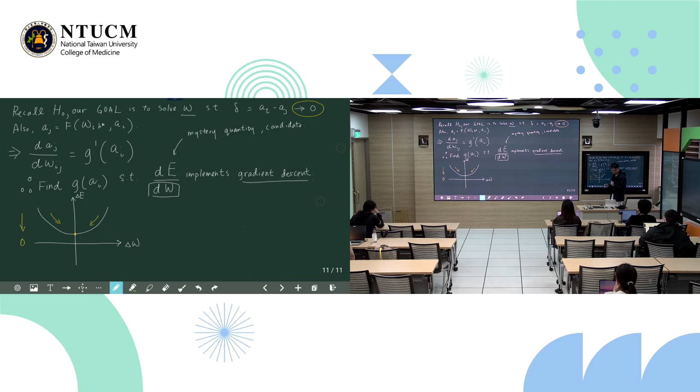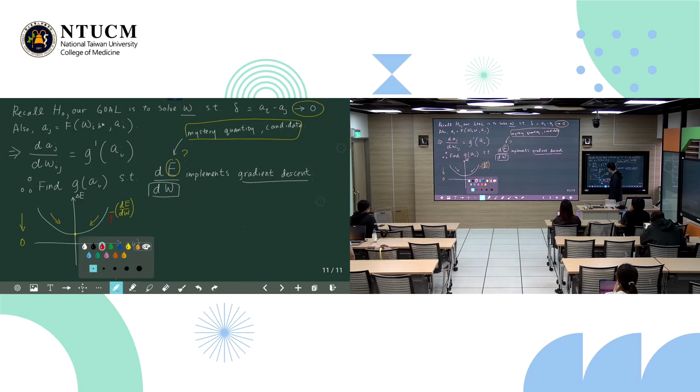And what does this function look like? It's not yet the function, but what this means is that we have to show that whatever this mystery candidate function E is, it will result in this kind of quantity, negative.